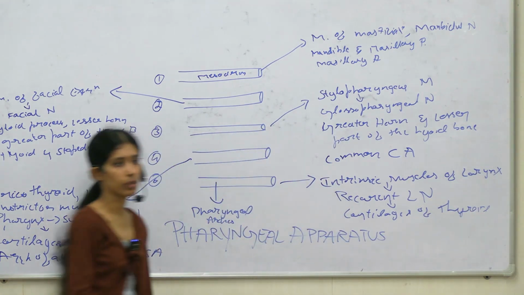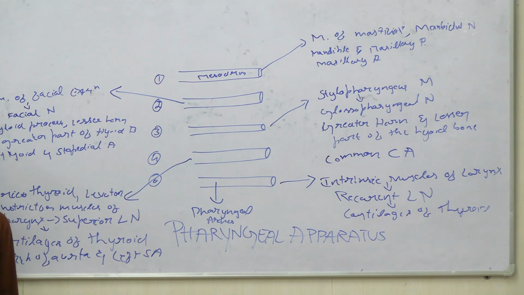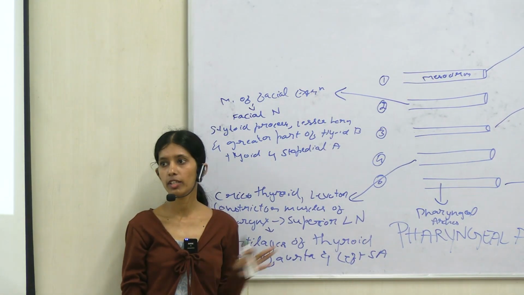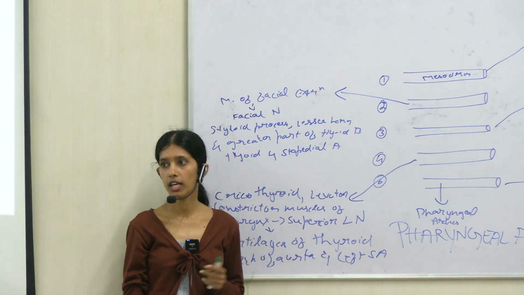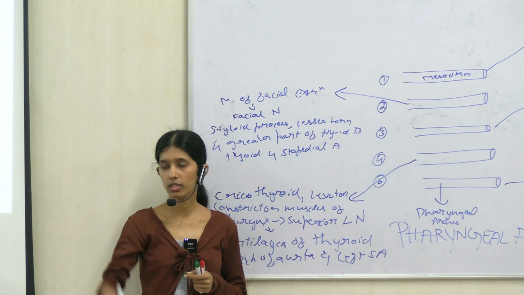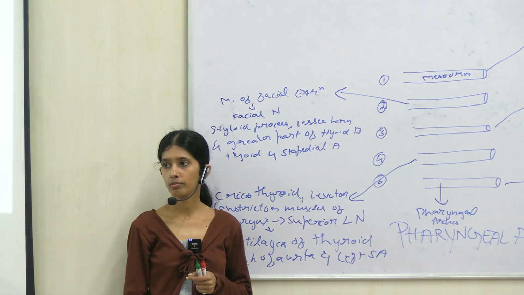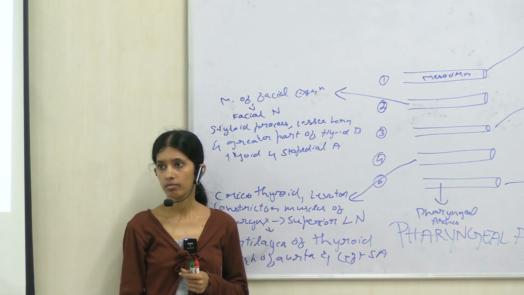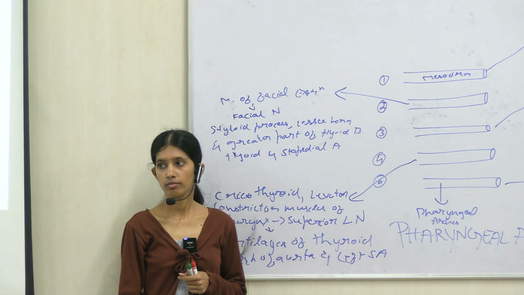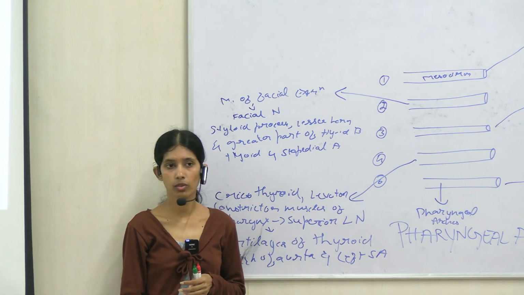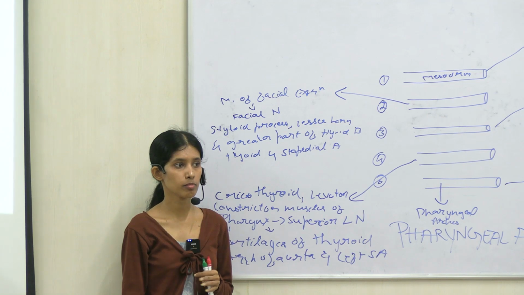What about the blood supply or derivative of your sixth aortic arch? Anybody from this side? First three tables, girls. Anyone else?